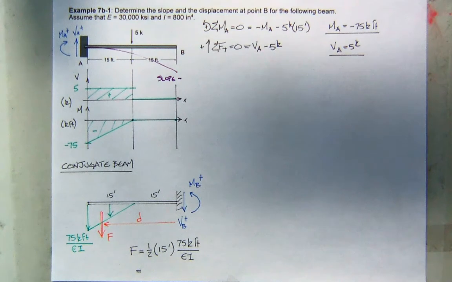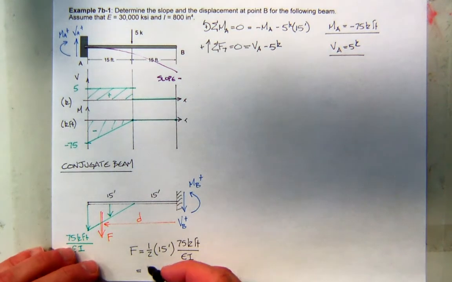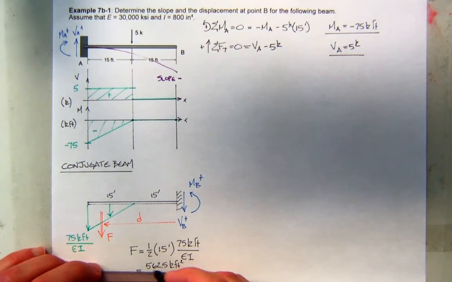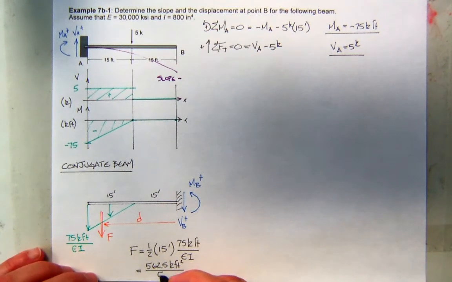Anybody have a calculator? What's 7.5 times 75? 525, I'm guessing. 562. Oh, that's close. 562.5? Yes, sir. And that will be kip feet squared over EI.